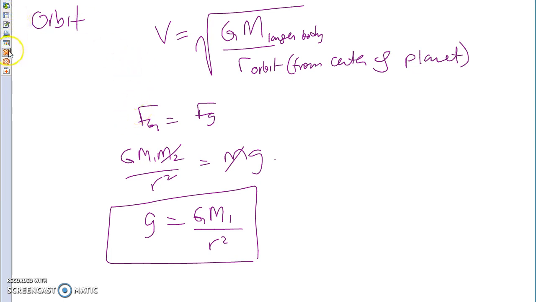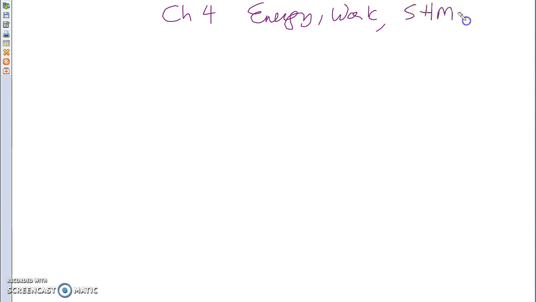Now chapter 4 was energy, work, simple harmonic motion. We start out with work equals F d cos theta. This is a repeat of grade 11.